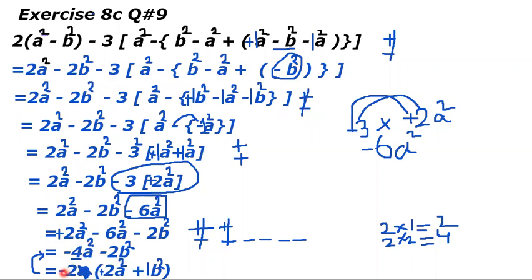And negative sign multiplied by positive sign gives us a negative sign. 2 multiplied by 1 gives us 2b square. So I told you this is equal to this, and this is equal to this. Both are equal. The last term is equal to the second last step, and the second last step is equal to the last step.